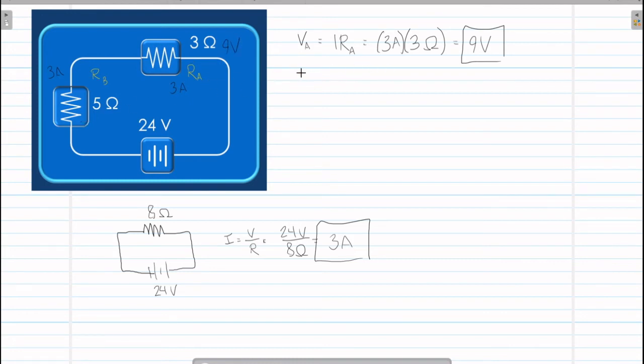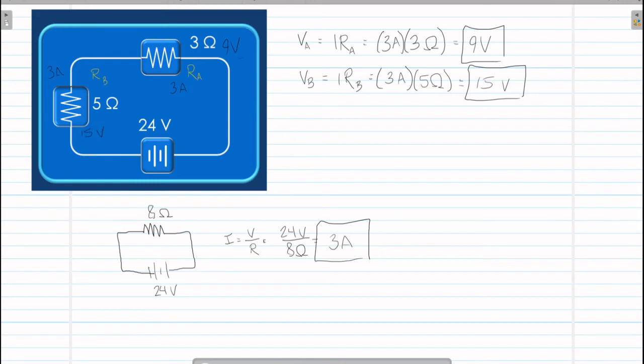Now let's do the same thing for resistor B. The current across resistor B is still 3 amps because it's in series with A, but the resistance of B is 5 ohms. 3 times 5 is 15 volts. So there's a potential difference of 15 volts across resistor B.